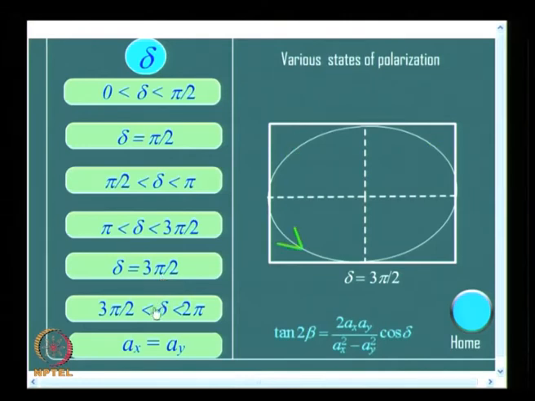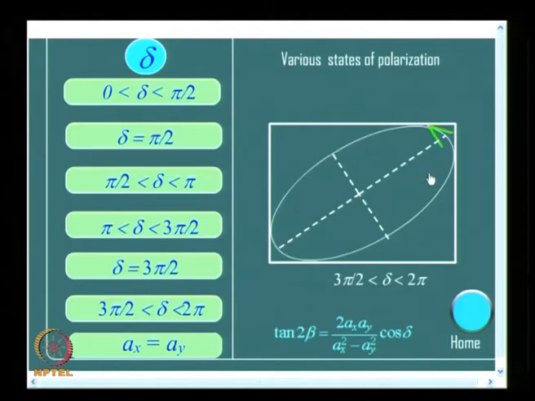So though in conventional photoelasticity handedness does not play a significant role, it does play an important role in the domain of digital photoelasticity. So it is better to know that handedness has its importance. And when I go to the range 3 pi by 2 to 2 pi, I have the ellipse oriented in this fashion, and this is anti-clockwise.